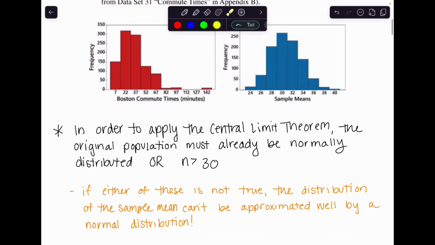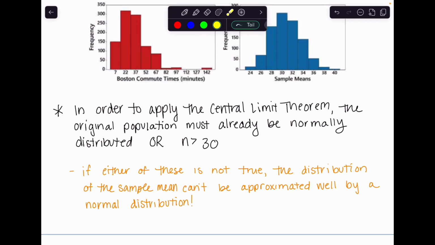You need at least one of these to be true. If they're both not true, then you cannot do this process. You will not be guaranteed that you end up with a normal distribution in the end. So if neither of these is true, the distribution of those sample means cannot be approximated well by a normal distribution, okay?